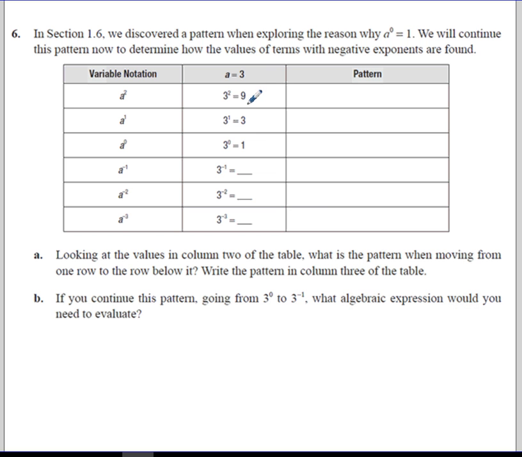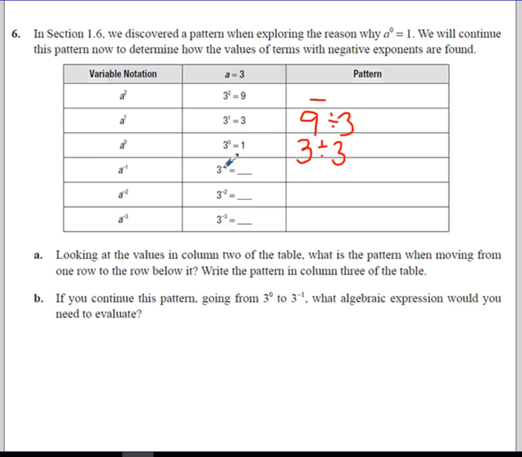So notice it's going down by a factor of 3 each time. We take our previous answer and divide it by 3. 9 divided by 3 gives us 3. And then 3 divided by 3, we would get 1. So our previous answer divided by 3 is our pattern. Let's see if that continues.